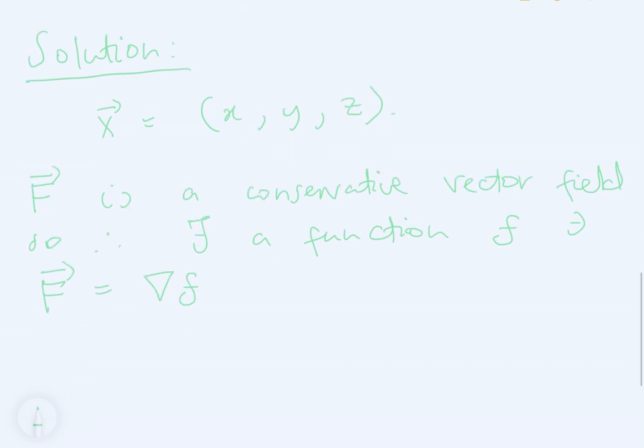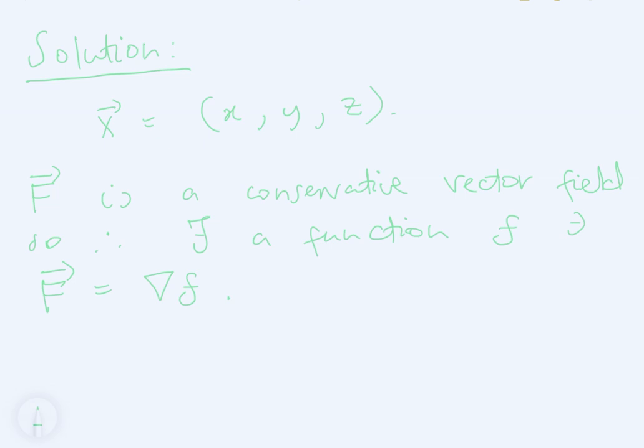Okay. So now, since we know this, we want to know exactly what this function f is, such that the vector field F is equal to the gradient of this function f.